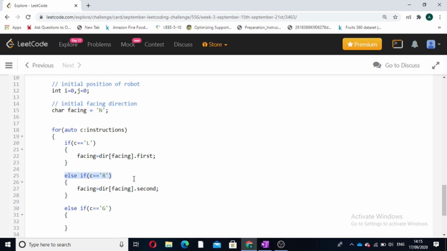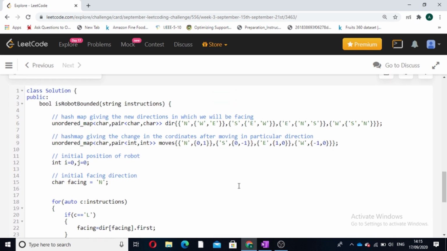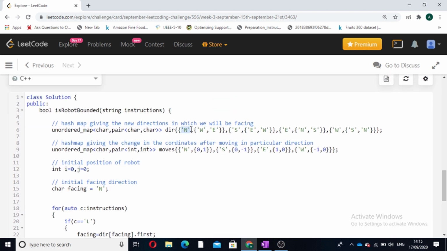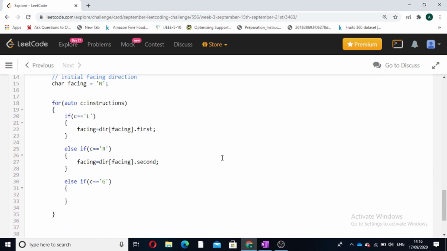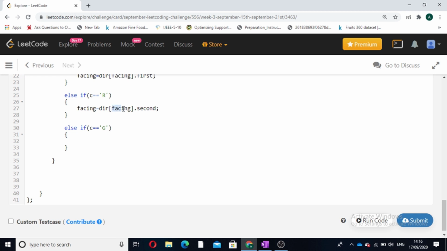So in which direction will we now be facing? It will be equal to north as the key of the hash map and the second value, which gives the direction in which we will be facing when turned right. So when we are currently facing north and we have encountered a right turn, we will be facing east, which will be the second value. So this will be the direction we are currently facing dot second value.